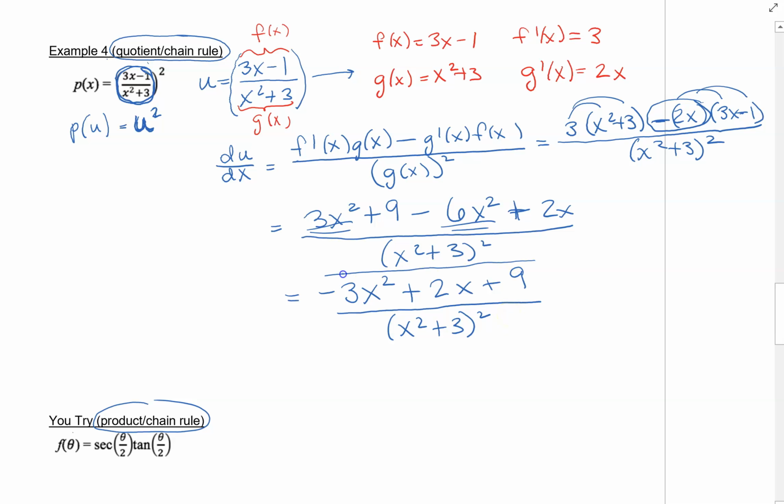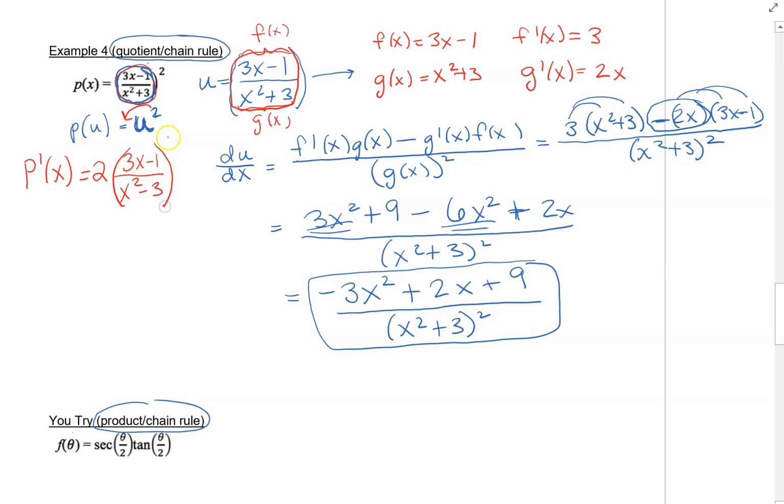So this is the derivative of my inside function that I'm going to have to multiply to the derivative of this power rule. So when I take p prime of x, first it's like just doing the power rule. So 2 times all of this, right? 2 times the whole inside blob, 3x minus 1 over x squared plus 3 to the power of 1, right? Because you subtract 1 from the power. That was the derivative of the outer part.